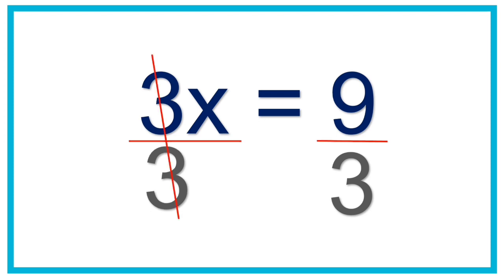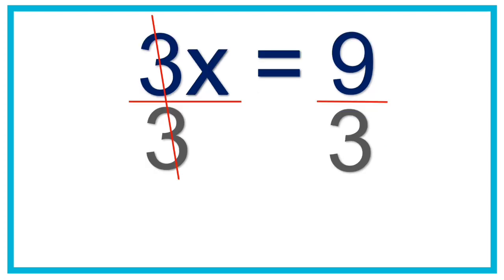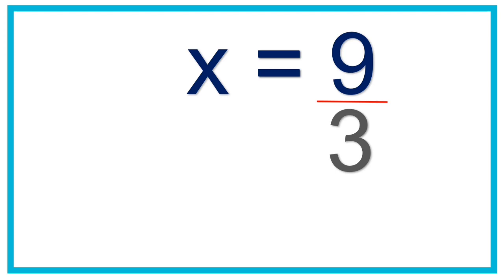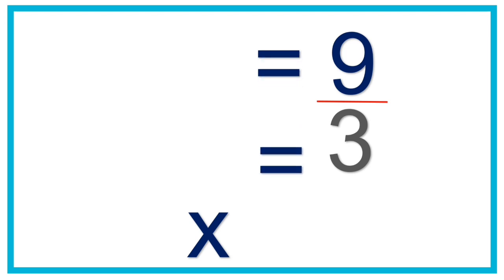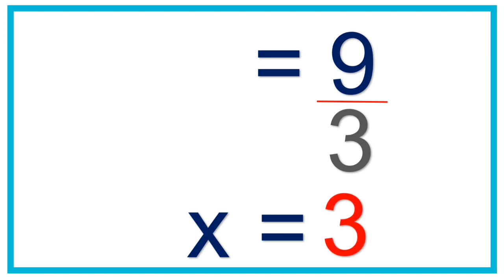That cancels 3, which isolates x, or leaves x all by itself. We just have to bring it down. Bring down the equal sign and the answer to 9 divided by 3, which is 3. You got it.